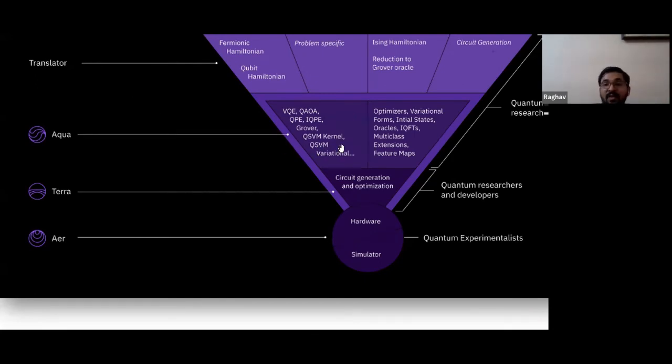We will design our circuits on Aqua, then while using the cloud, they will go to the IBM cloud, where Terra will optimize those circuits, and in the last, Aer will implement those jobs on the real quantum hardware.